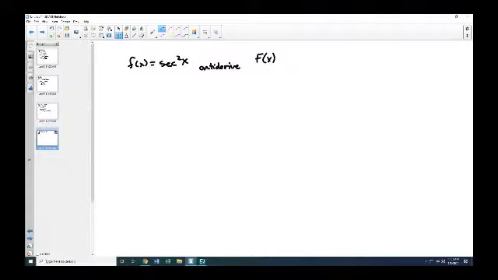The antiderivative would be F of x is tan x plus c. Remember that plus c, because we don't have the original function for which this derivative is generated, so we don't know if there's a constant or not.